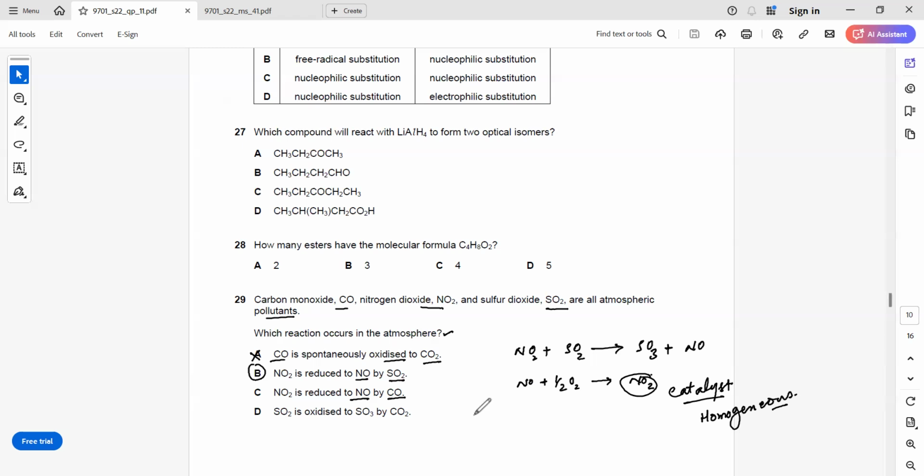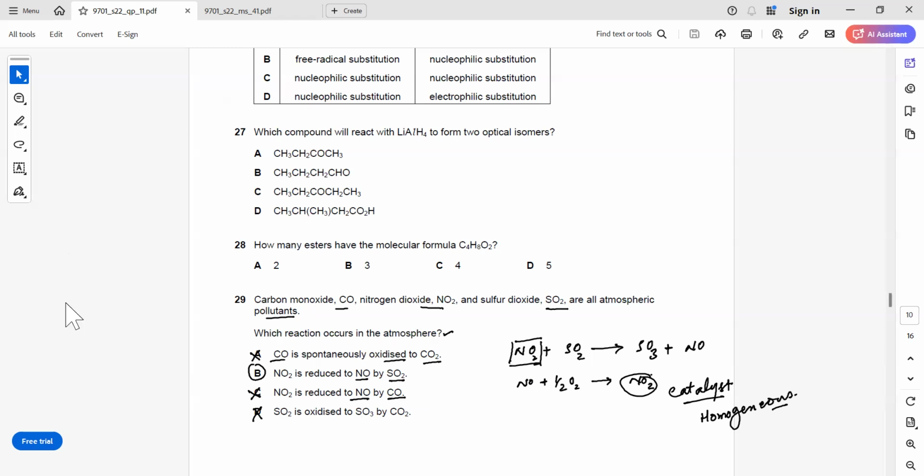No, carbon monoxide does not reduce this NO2. Sulfur dioxide is oxidized to sulfur trioxide. No, we have seen that sulfur dioxide is oxidized by NO2 in the air. So the correct option is B.